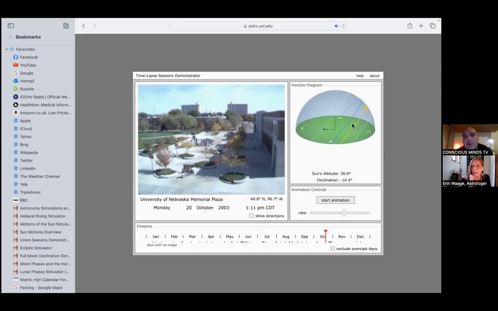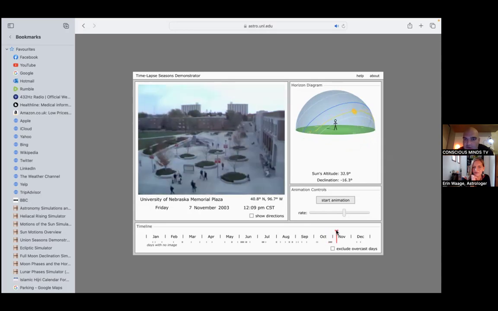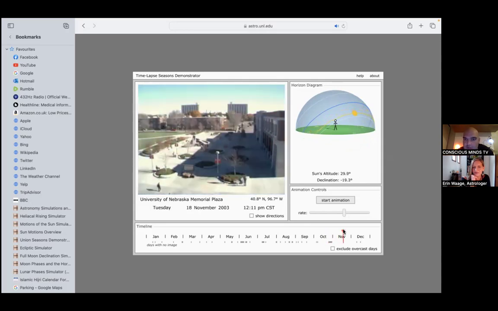Well, it's not literally traveling, it's rising from left to right, but then it just goes forward each day to create that variation. Every time you move this, you can see it's just going up and down, up and down. And that is literally how we get seasons.